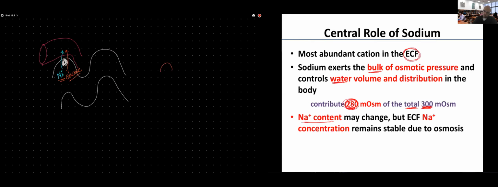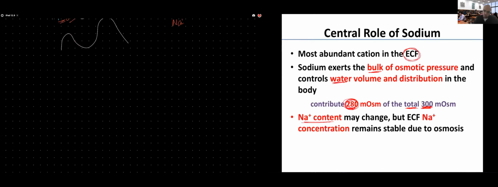I can add more sodium, but its concentration will not change. How do you explain this? By one word. Osmosis. Remember, sodium pulls water. So if you add sodium, it pulls water, so its concentration is going to remain the same.